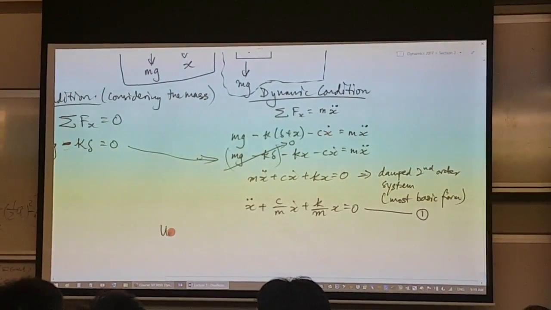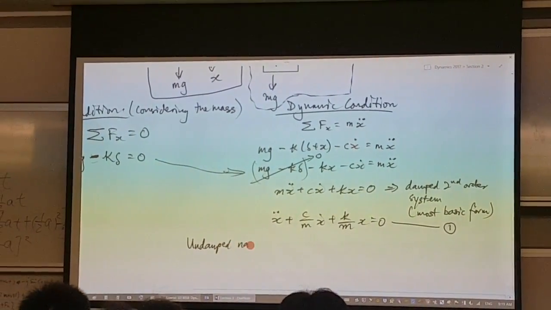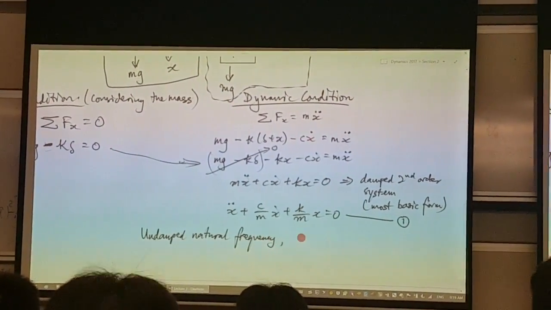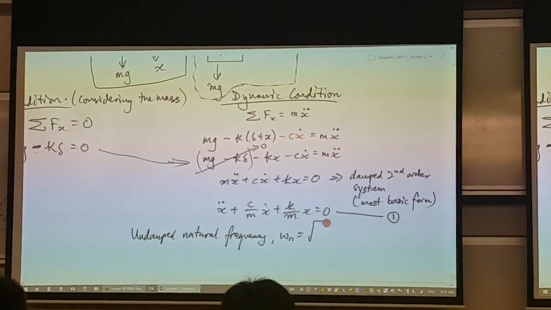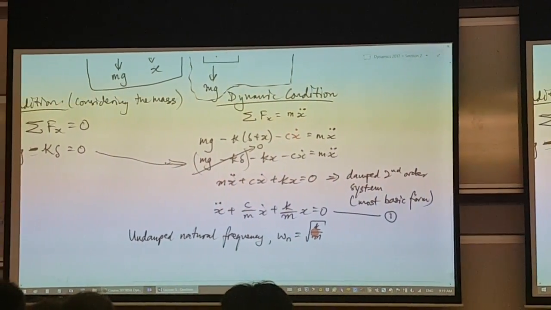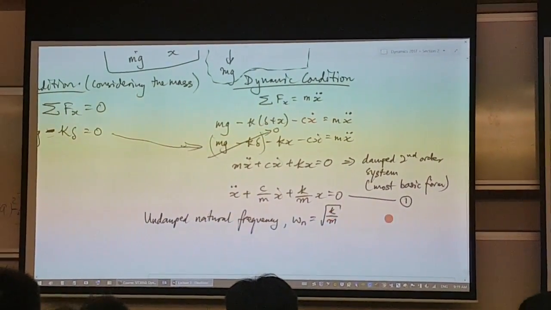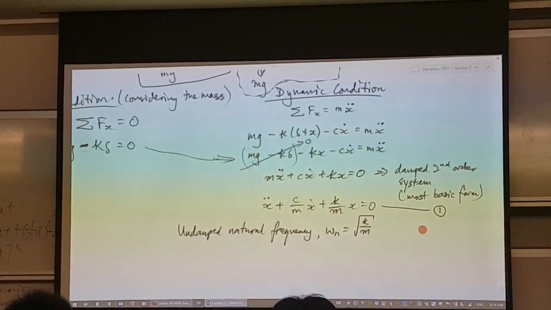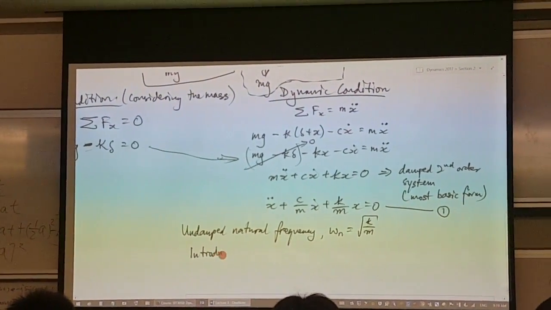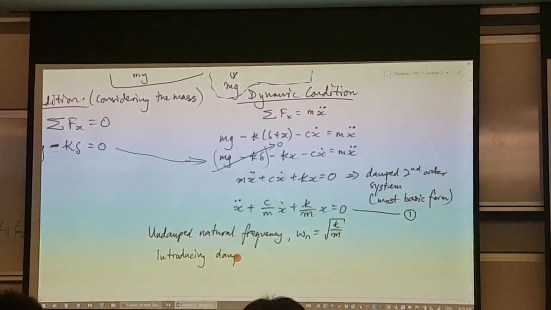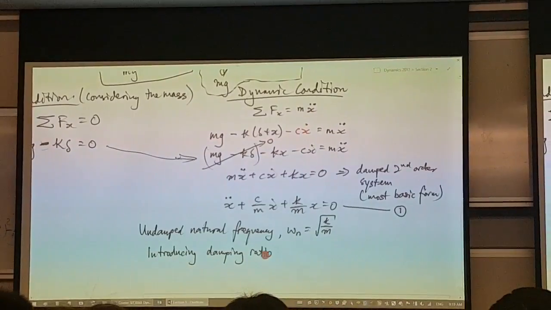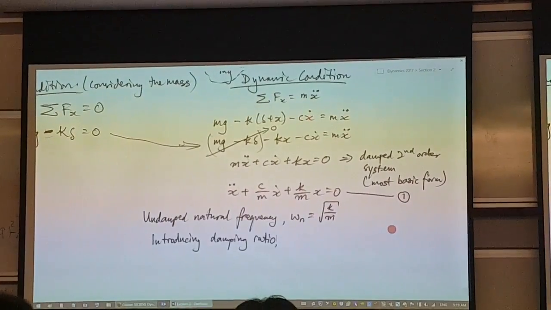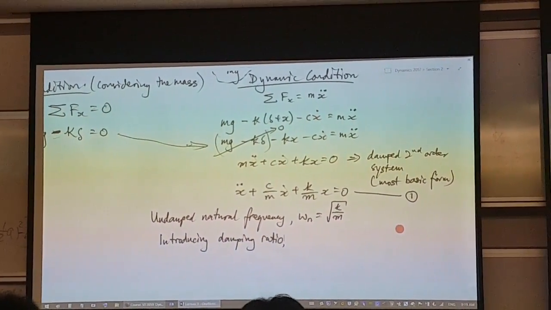Now we have seen before the undamped natural frequency, omega n, that's equal to square root k over m. That was seen last week. This week, I'm going to introduce to you a new term, damping ratio. Damping ratio is different from damping coefficient, so please do not mix up these two.